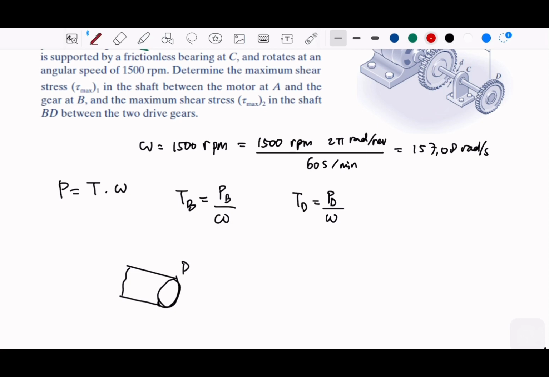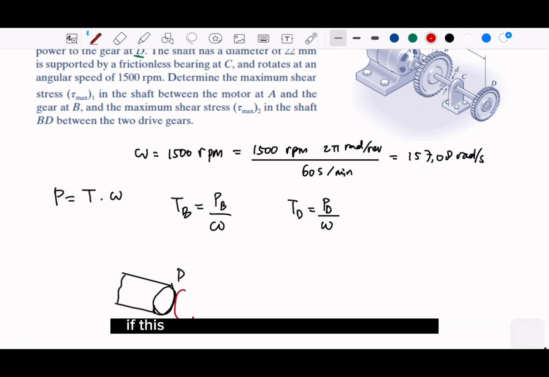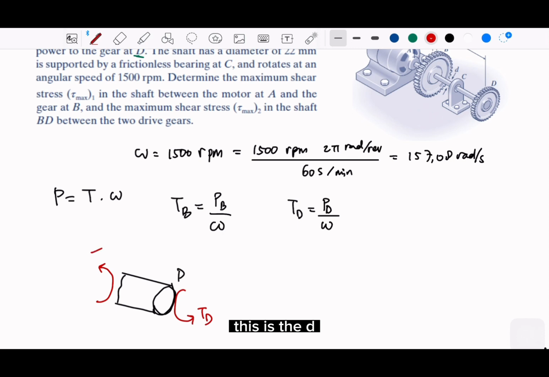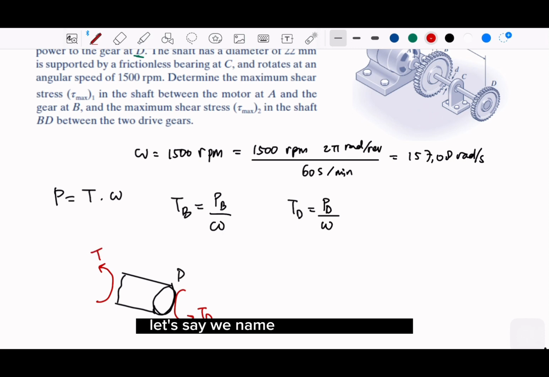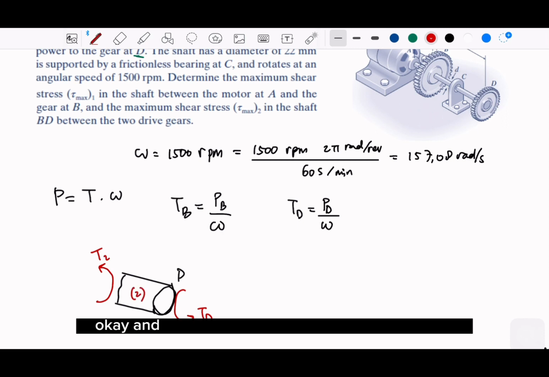So if this is the TD, then we are going to have, this is the T, let's say we name this as material 2. So let me write 2. Okay, and let's name the other part as 1.